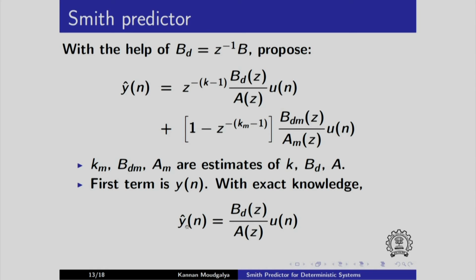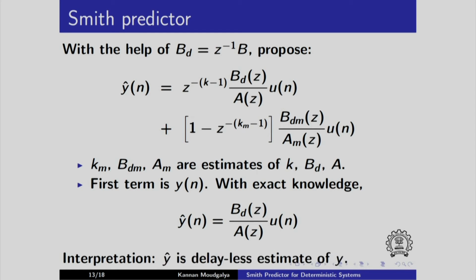So here I have written it as y hat of n. Previously we had used y hat of n given up to n minus 1. It does not matter, all we need is that it is an estimate. The interpretation is y hat is delay less estimate of y.